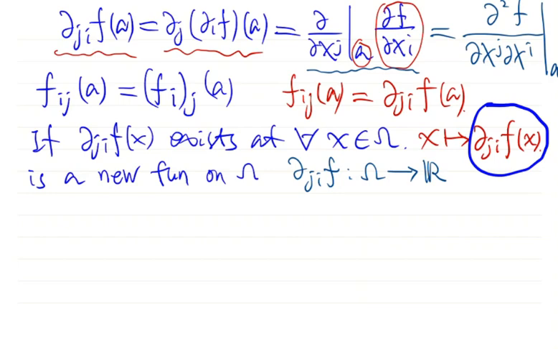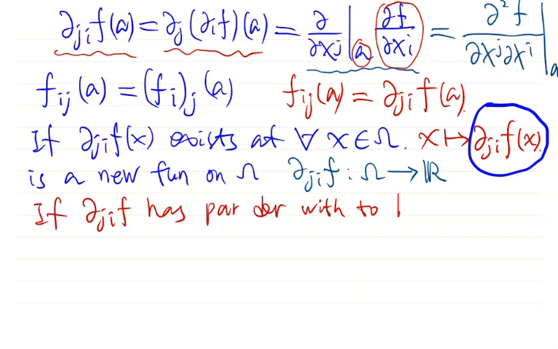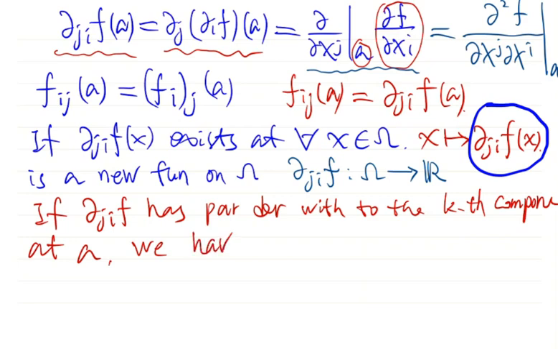Now, if this new function has a partial derivative with respect to the kth component, xk, at the point a, what will we get? We have dk dji f at the point a.